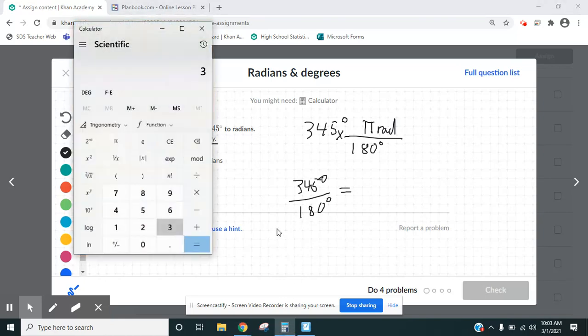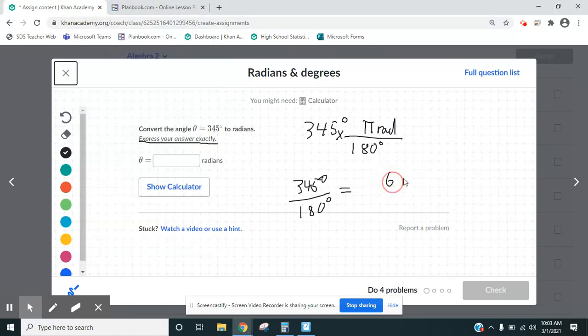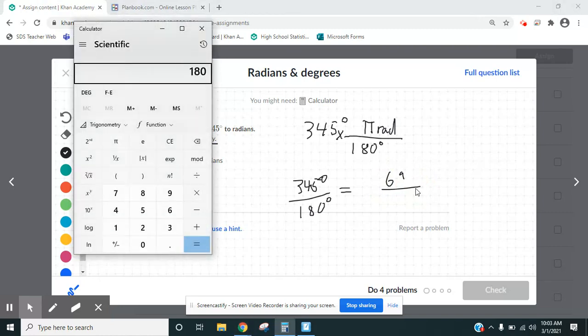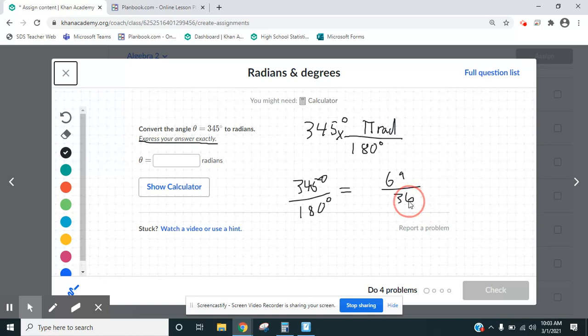Okay, so let's do that. 345 divided by 5 is 69. What's 180 divided by 5? 36. Can these be reduced? Yes. What goes into each of these? 3. That would be 23 over 12.